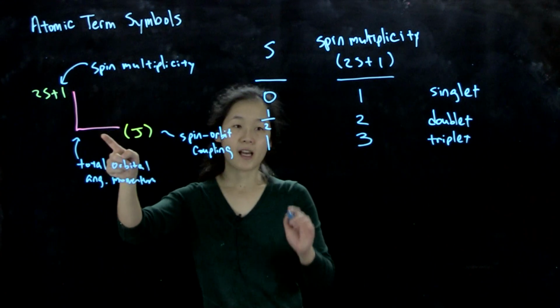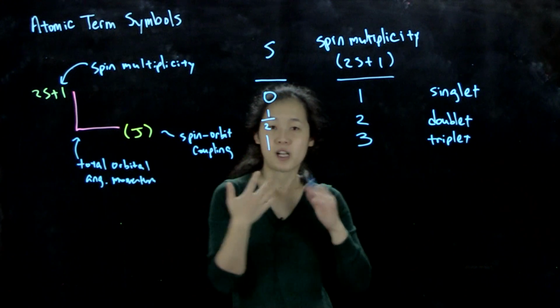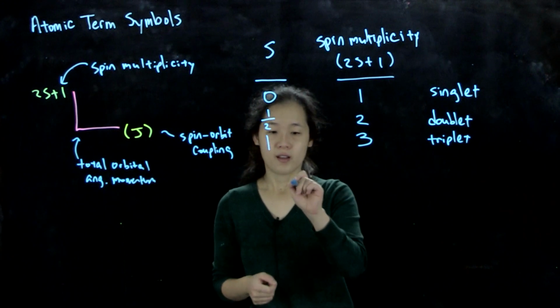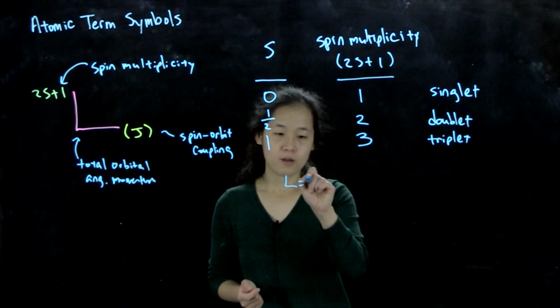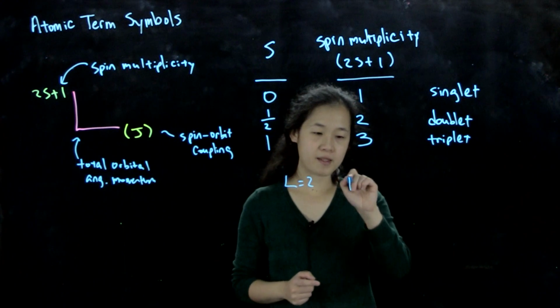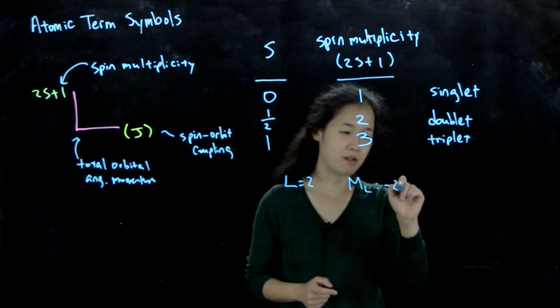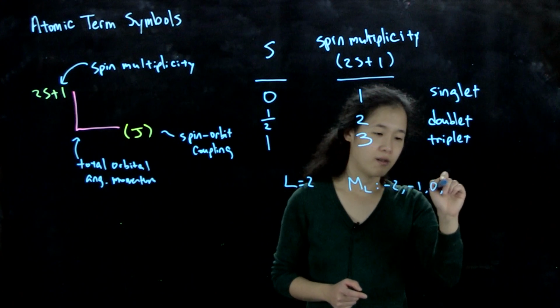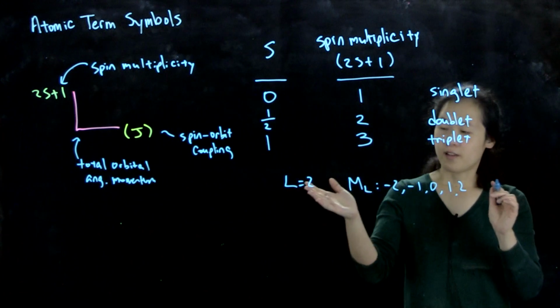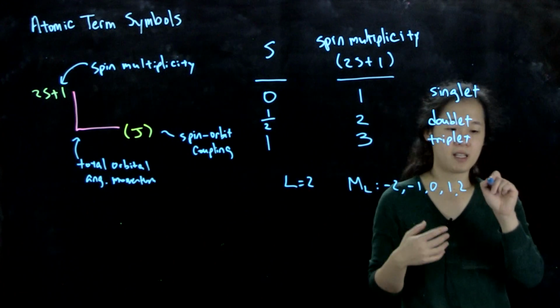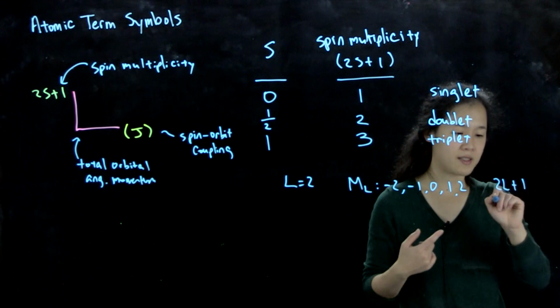And then similarly, L also has certain degeneracy. Remember, if you think back to our atomic orbitals, if L equals 2, we could have M sub L equal to -2, -1, 0, 1, 2. So again, the degeneracy or multiplicity of L, the orbital multiplicity, is going to be 2L plus 1.